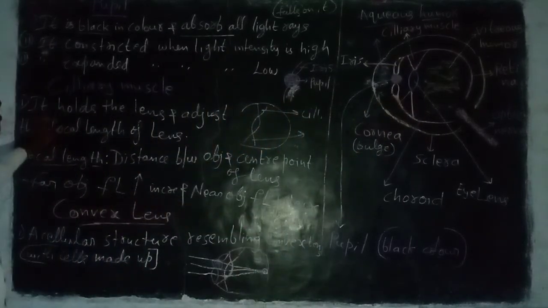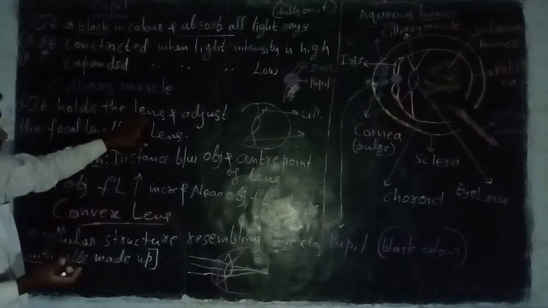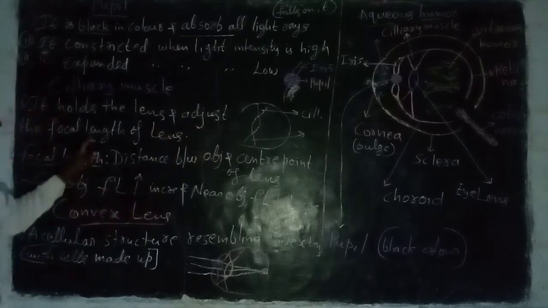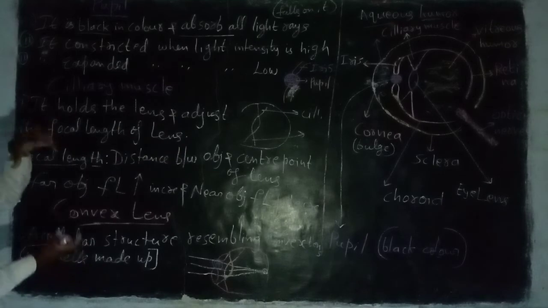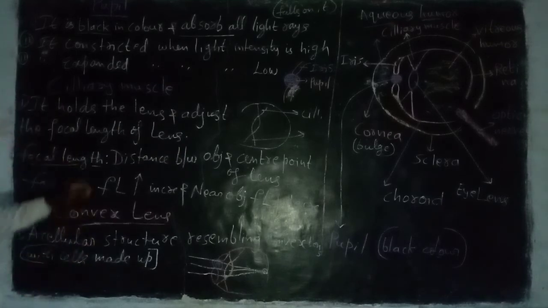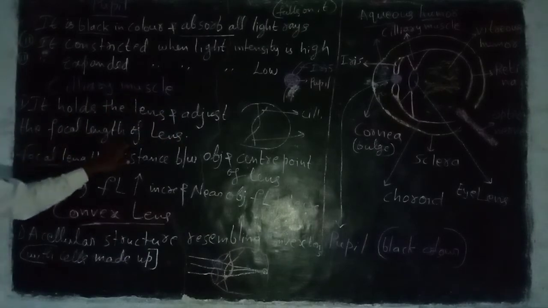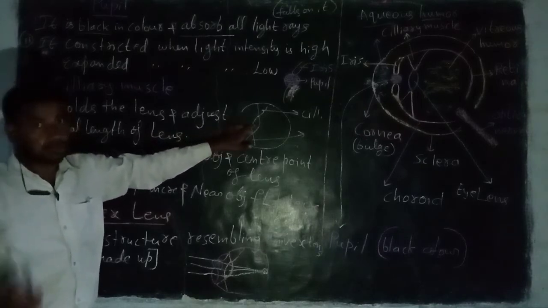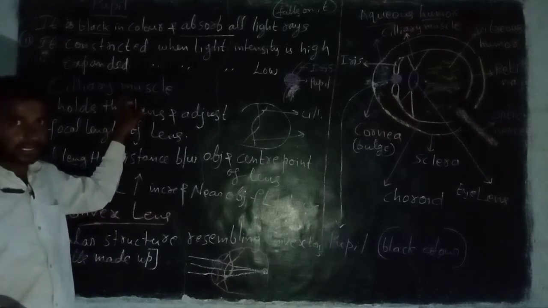So the ciliary muscles hold the lens. The eye lens is held by ciliary muscles, and the ciliary muscles adjust the focal length of the lens. Are you understanding?